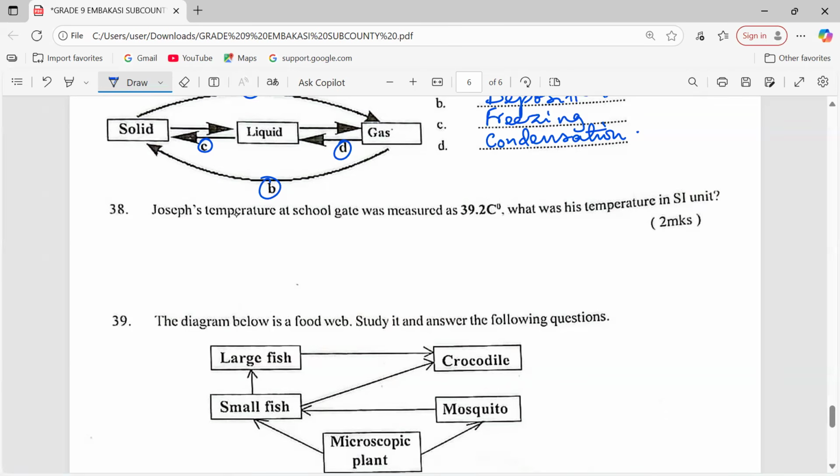Number 38. We're told that Joseph's temperature at the school gate was measured as 39.2 degrees Celsius. What was its temperature in SI units? In other words, in Kelvin. We're supposed to change temperature from degrees Celsius to Kelvin. We add 273 to the temperature. Just that constant.